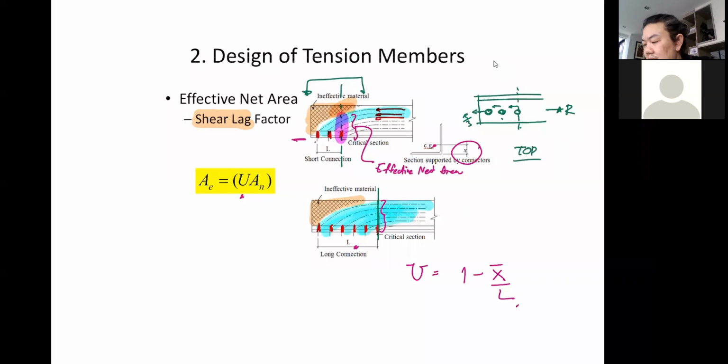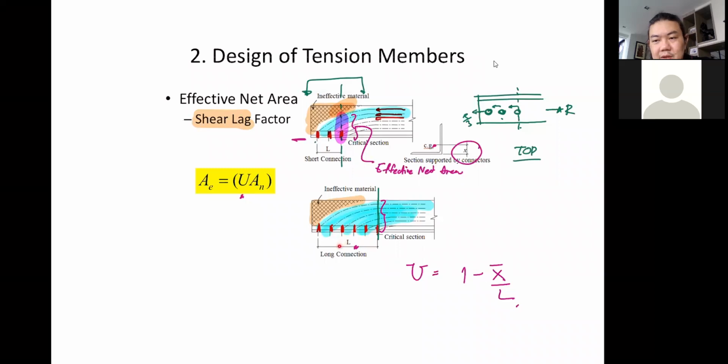So when the length of the connection is short, it doesn't have a lot of room to maneuver itself from the centroid of the member to where the connection is. If the connection itself is pretty long, the force will have a better opportunity to maneuver itself into the location of the connection.